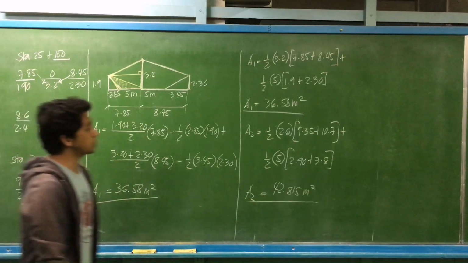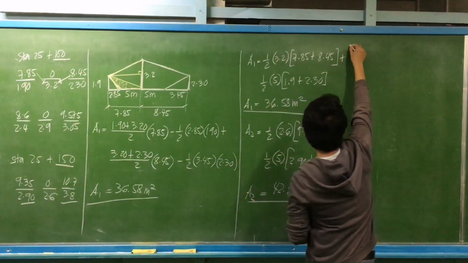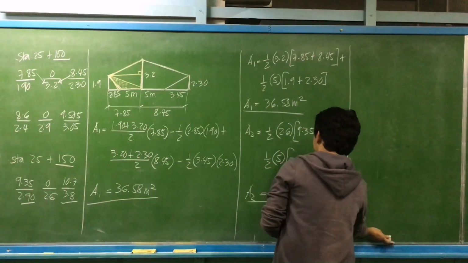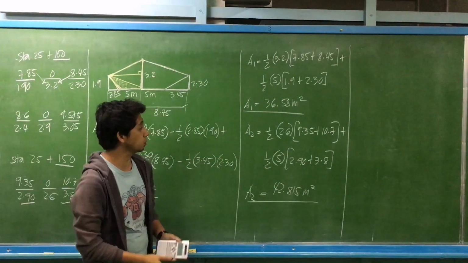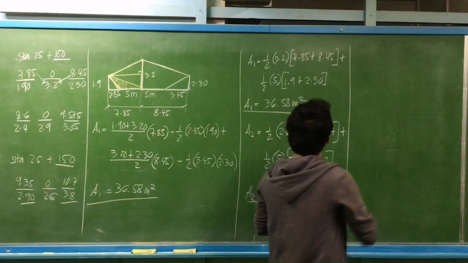So the area mean is not area 1 plus area 2 over 2. Don't average area 1 and area 2; that is the same as the end area method, which is the erroneous method.